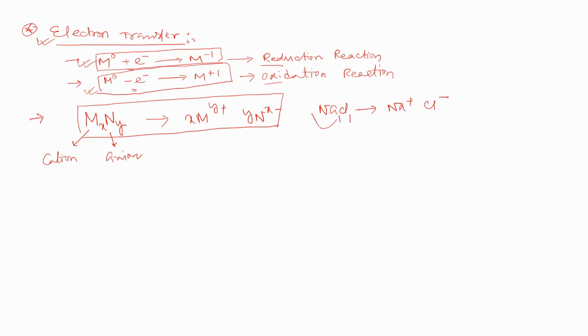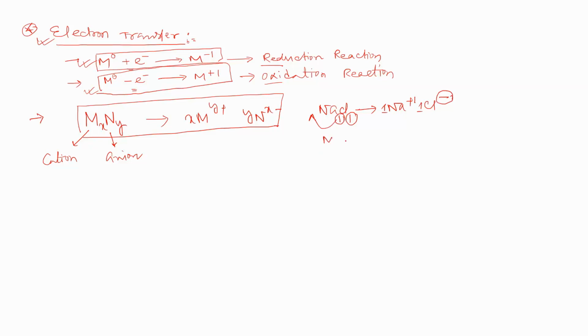So the number of chlorine will be the charge of the sodium, that's why it is a +1 oxidation state. Similarly, the number of the sodium will be the charge of the chlorine.